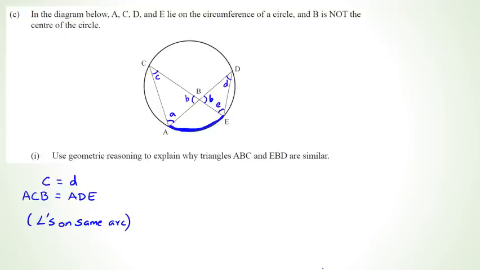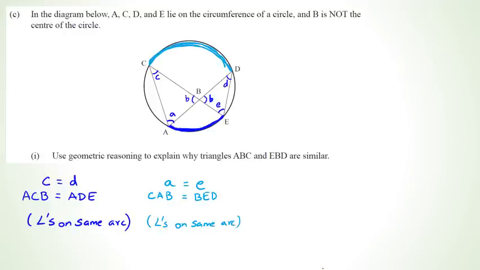Now the next part I'm going to say is angle A equals angle E. I'm looking at CAB equals BED. And they are also angles on same arc, but the arc that I'm looking at is actually this one here.